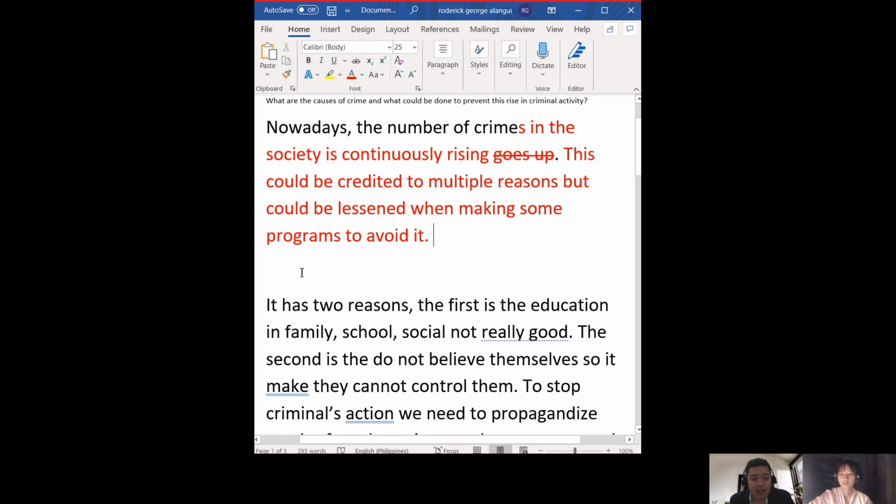Now, nowadays, after that, how are you going to continue? You can say one of the common reasons why... What are other terms for crimes?